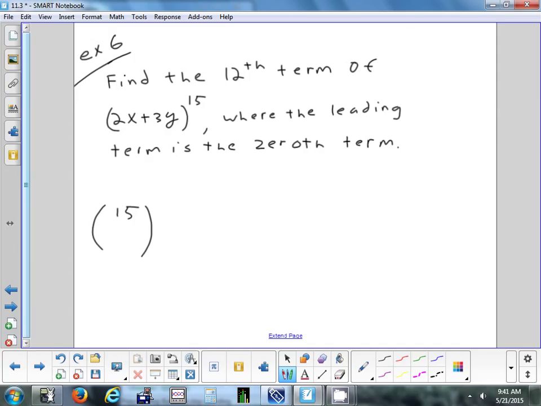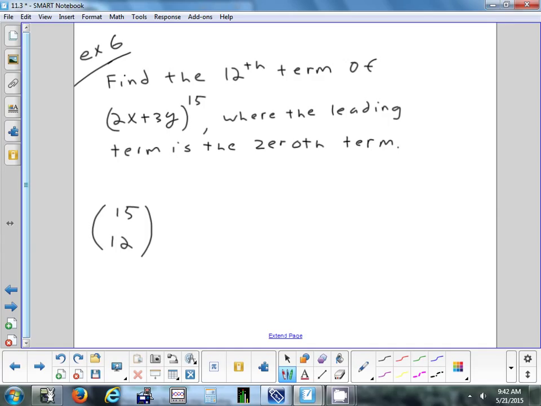Okay, what column? If I want the 12th term, I'd be in the 12th column. So to find the coefficient, for your row, look at your power. For your column, look at the term you want. Any questions so far?